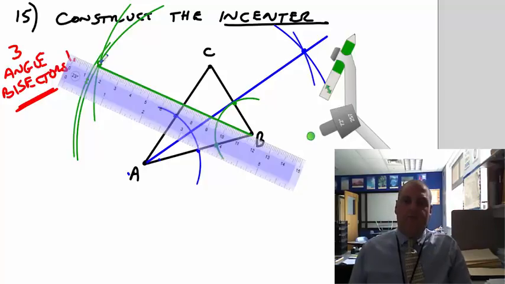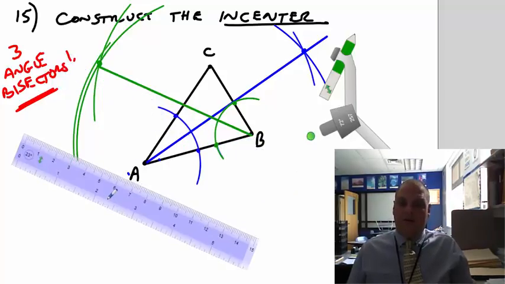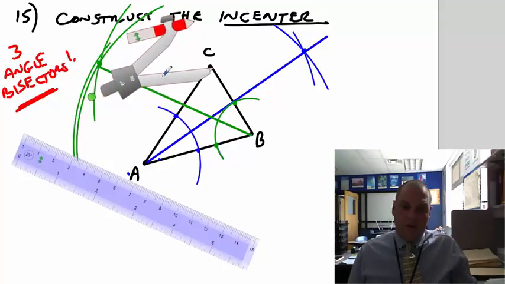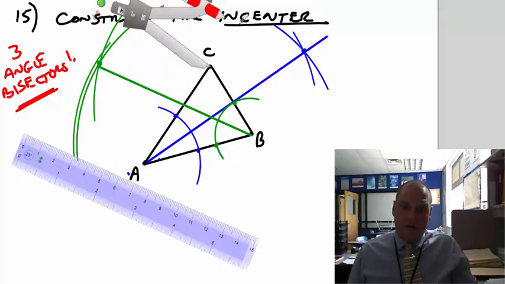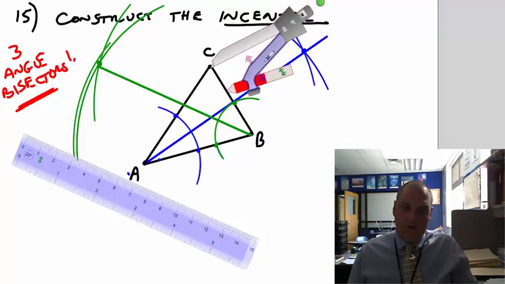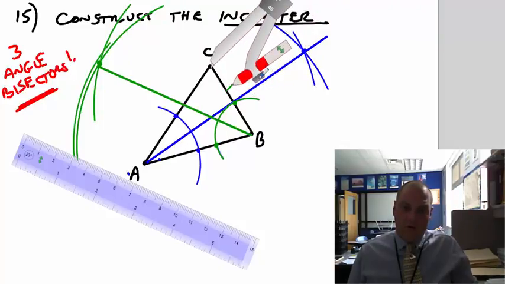All right. So there's another angle bisector, so we cut that angle in half, and then we're going to switch to red, and we're going to do angle C. So we're going to close this up a little bit. We're going to go to C. We're going to rotate around, close it up even more.